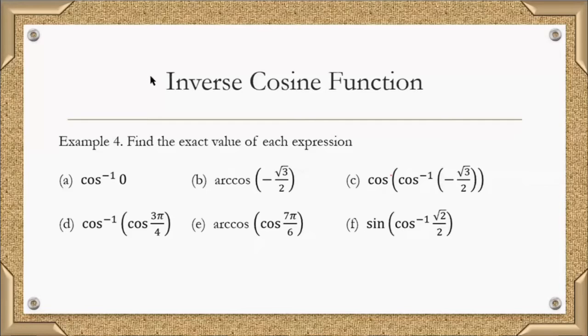Okay, so ang next natin ay yung pagkuha naman ng value ng inverse of cosine function. Same procedure din dahil sa ating sine function, yung pagkuha ng inverse nun. So, meron tayong 6 given examples. O, simulan natin with the inverse of cosine 0.